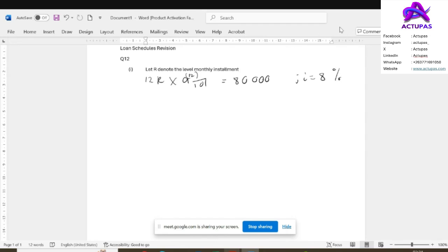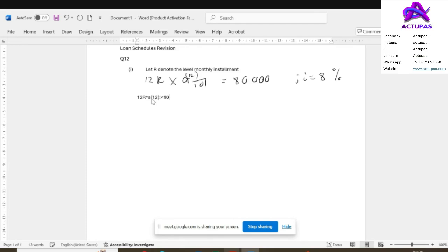If you are then to type it out in an exam, you'd write 12, then times, you can use these times symbols, then A, then 10 in brackets, then this column, then the 12, because it's paid monthly.